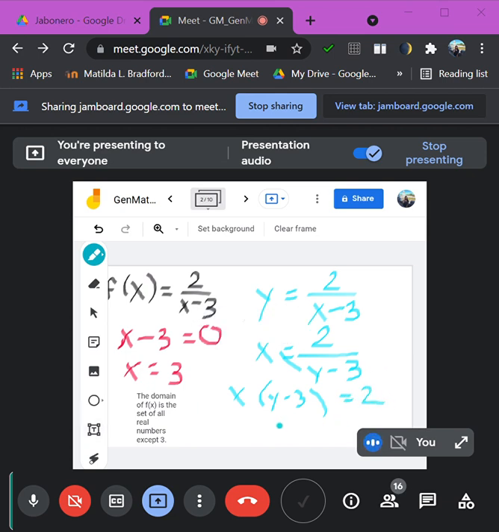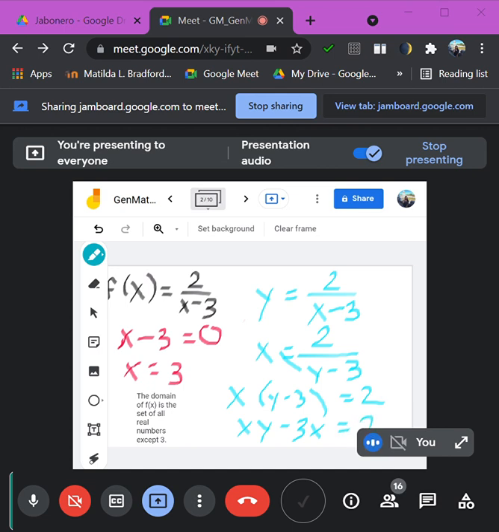Then we simplify using the distributive property. x times y is xy, and x times negative 3 is negative 3x, equal to 2.